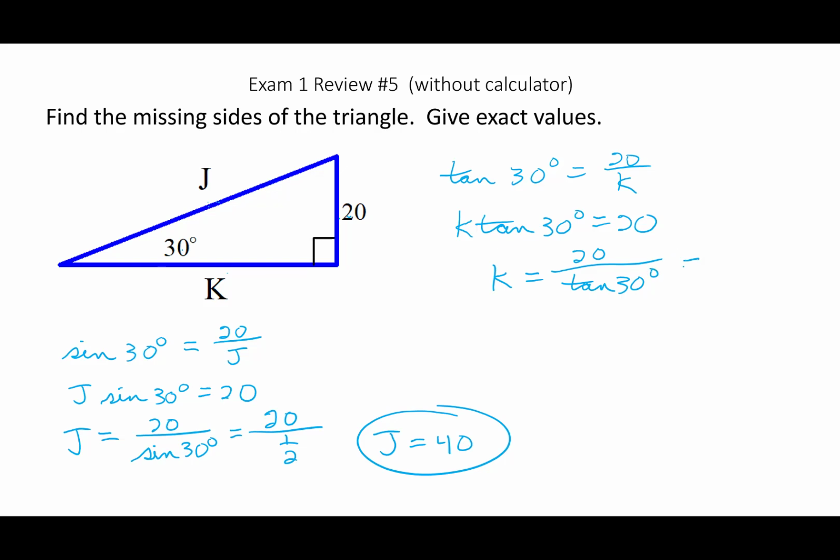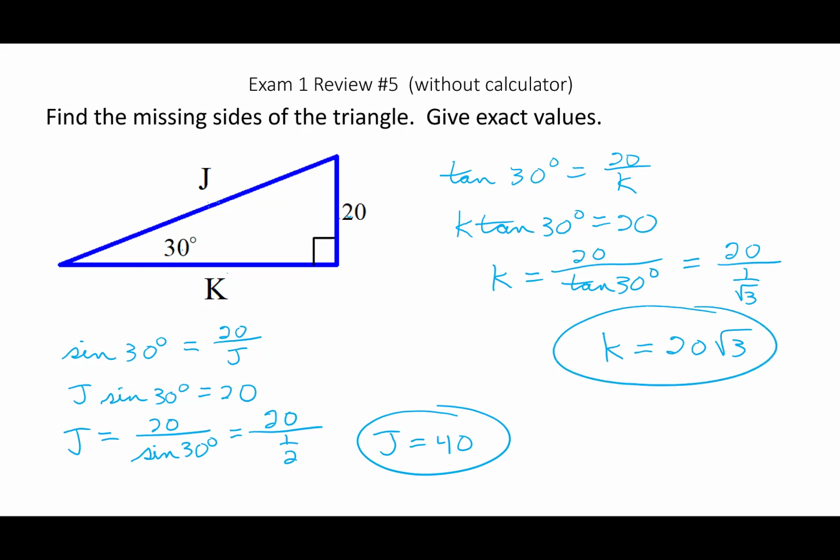Then we remember that tangent of 30 degrees is 1 over square root 3. 20 divided by 1 over square root 3 is the same as 20 times square root of 3 over 1. Our answer is K equals 20 square root 3.